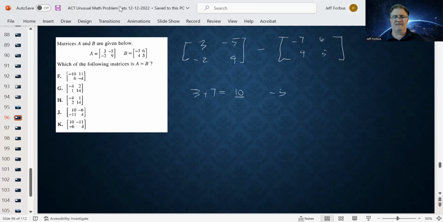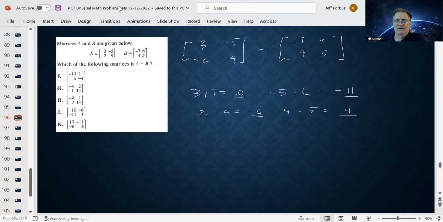So -5 minus 6 is equal to -11. I'm going to underline that number. Now we're going to do -2 minus 4. So -2 minus 4 is -6. And then we're going to use 9 minus 5, and that's going to be 4.